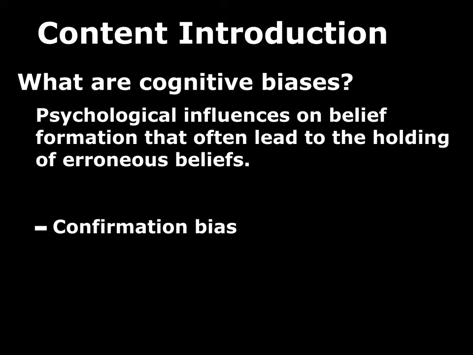So we're going to look at 6 altogether, but just to give you an idea of what a cognitive bias is, I'll talk very quickly about 2 of them. The first of the 6 we're going to look at is confirmation bias. This is a bias where people tend to stick to whatever beliefs they have because they want to confirm the beliefs that they already have or that they want to hold.